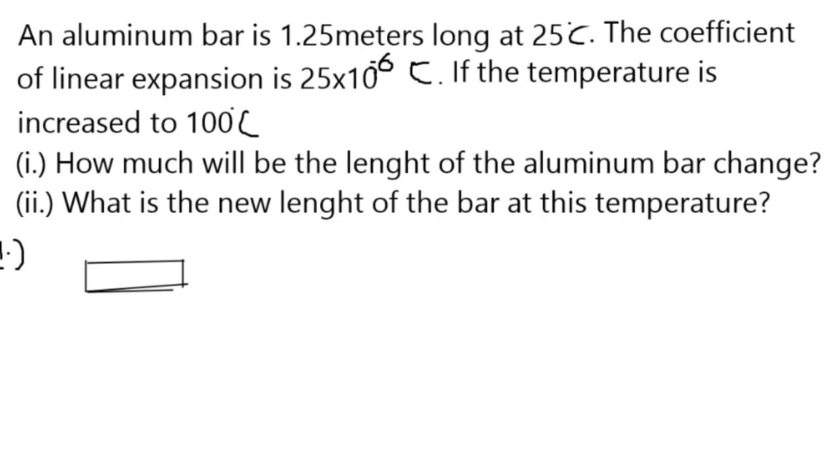So let's just draw this. We have an aluminum bar which is 1.25 meters long at 25 degrees Celsius. So this is the L0.